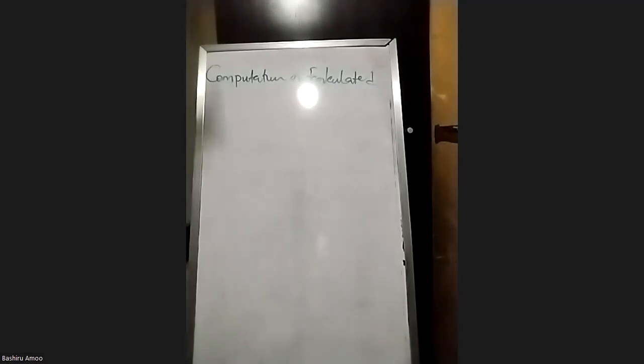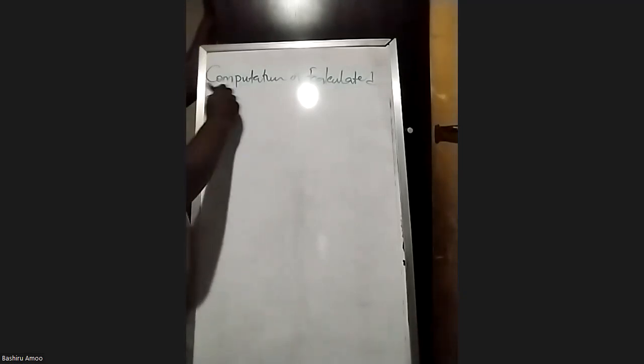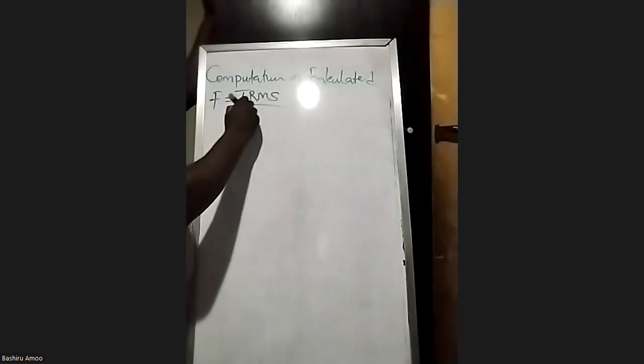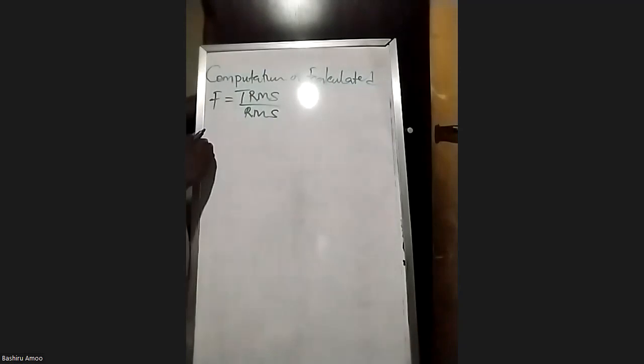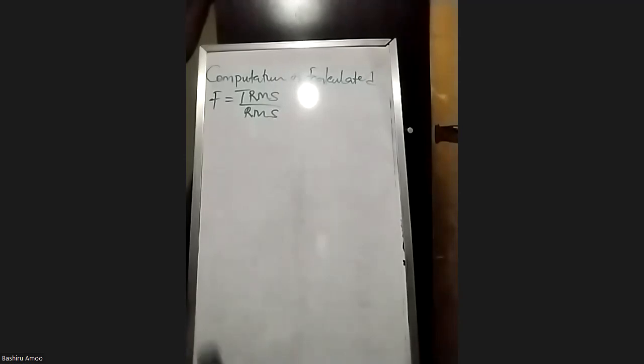So now the computation of F calculated value. We have treatment mean square divided by residual mean square, right? So let's mute ourselves now. Treatment mean square divided by residual mean square.